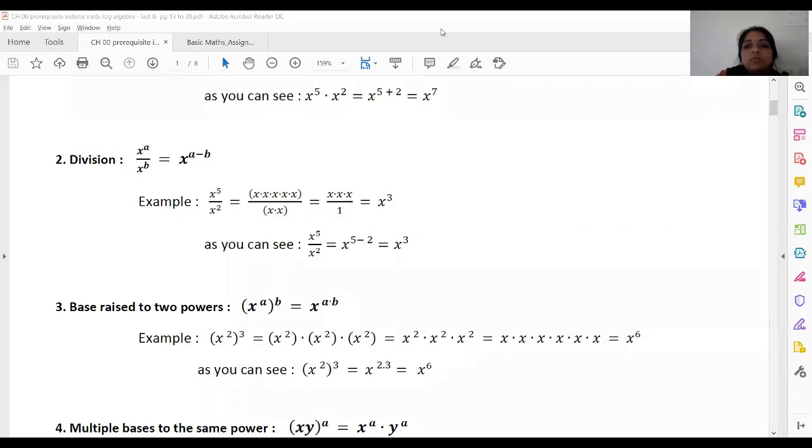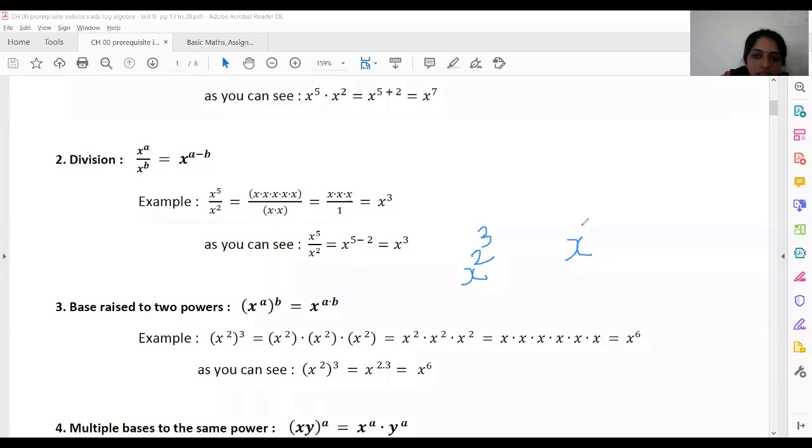Now, tell me what is x raised to 2 raised to 3? x raised to 6, yes.